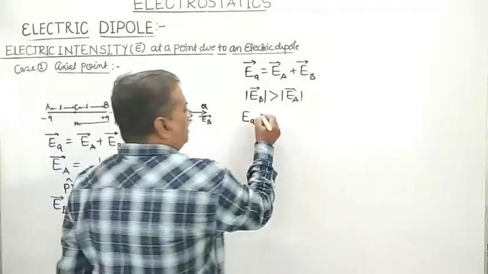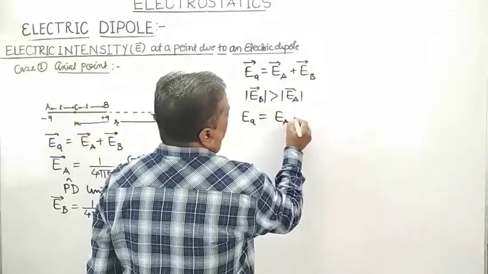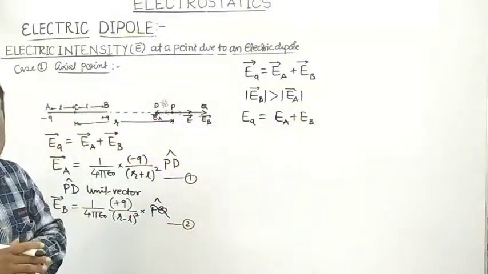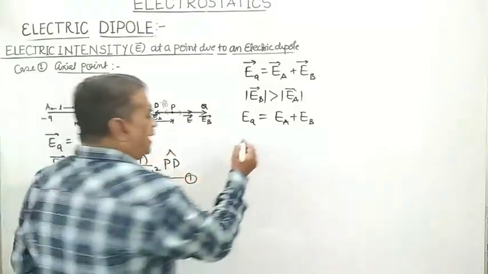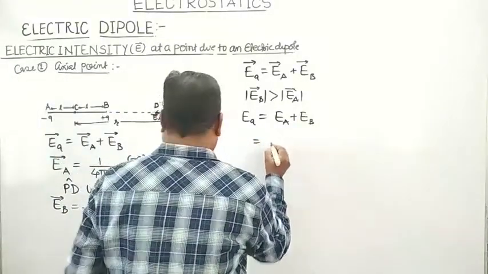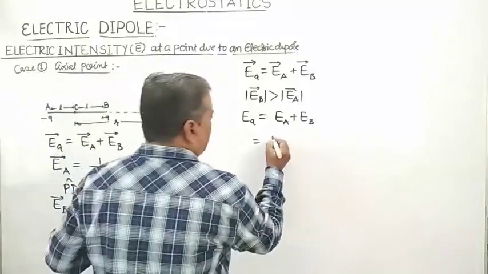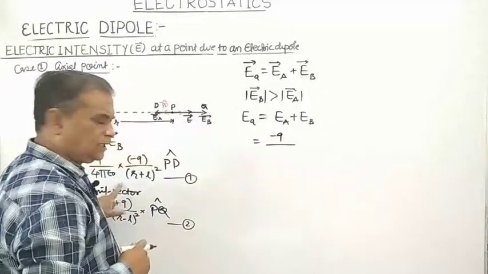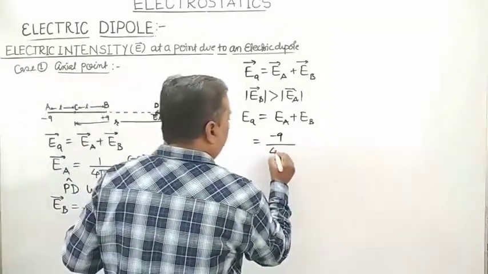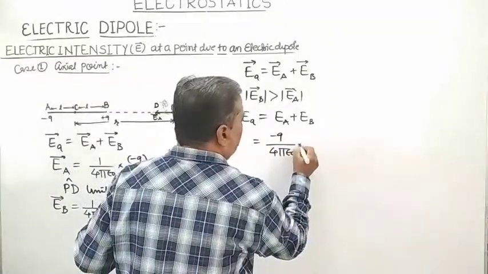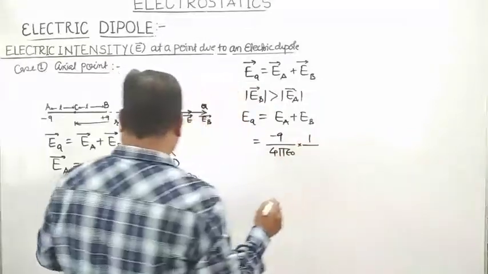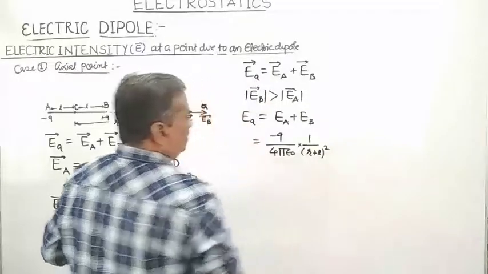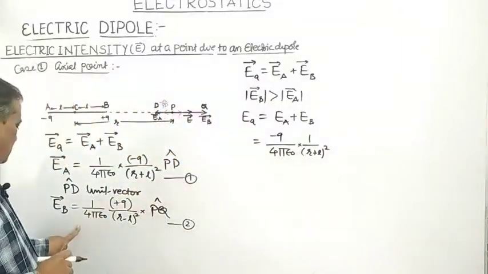Therefore, the magnitude of resultant intensity of electric field at an axial point is equal to the sum of magnitude of EA and that of EB. What is EA equal to? It is minus Q divided by 4 pi epsilon 0 into 1 upon R plus L whole square, plus EB.